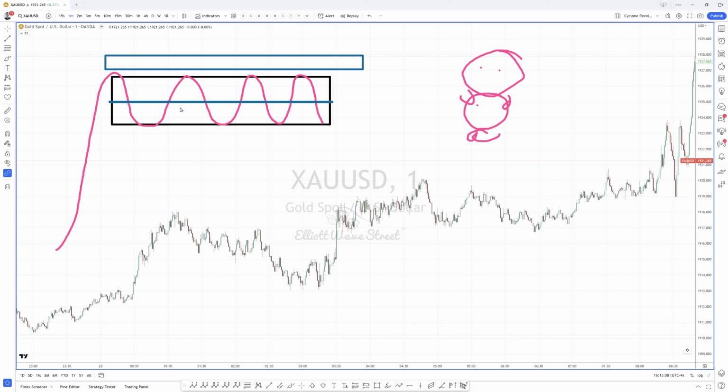You don't need to be precise, roughly. So we know that this will be the fair price. And if you want to learn more about the auction, we also have courses about the volume profile inside the Elliott Wave Street membership. So fair price, expensive, cheap, expensive, cheap, expensive, cheap, expensive, cheap, right?